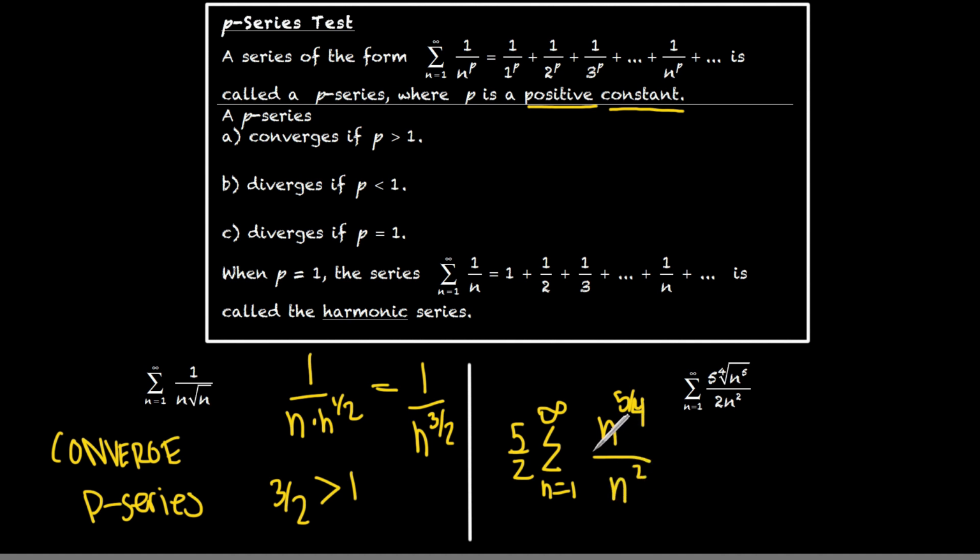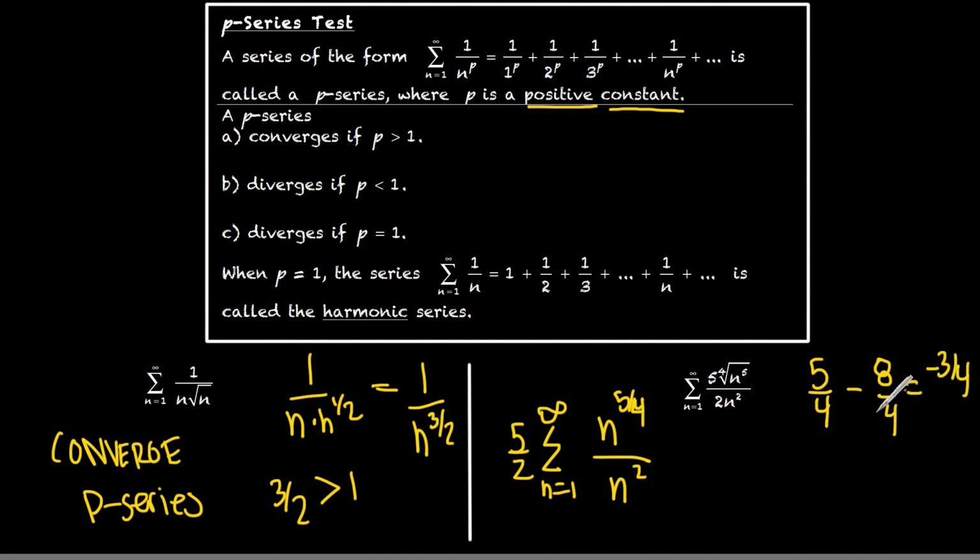We also remember that you're going to subtract the upper exponent minus the lower exponent whenever you are dividing. So we'll do 5/4 minus 2, which is 8/4, so we have 5/4 minus 8/4, which is going to be negative 3/4.